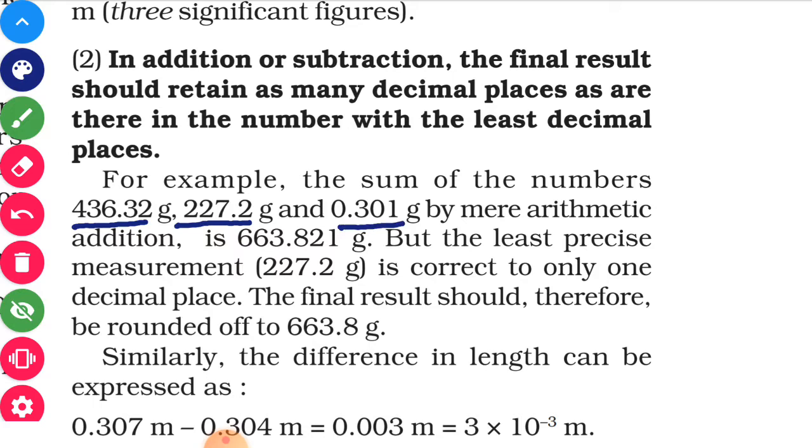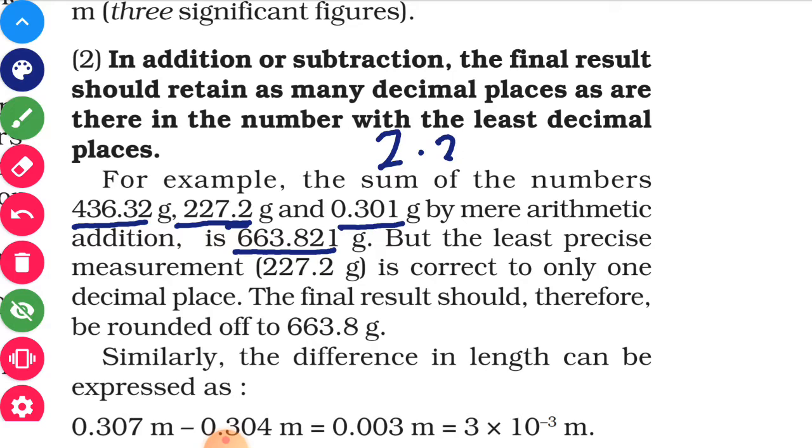So you can add by placing them in such a way that decimal points are one below the other. Okay, that we know how to add them. So this answer you will get. But the least precise measurement is up to this. Okay, least decimal point, 1 decimal point is there.